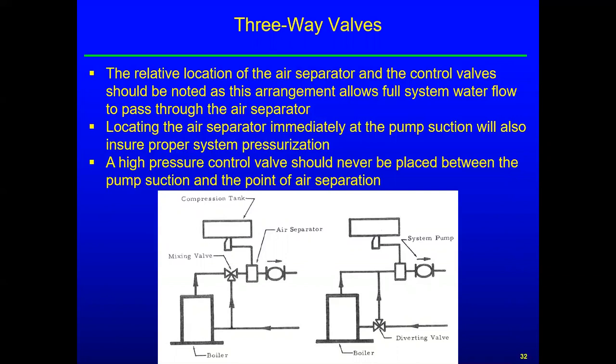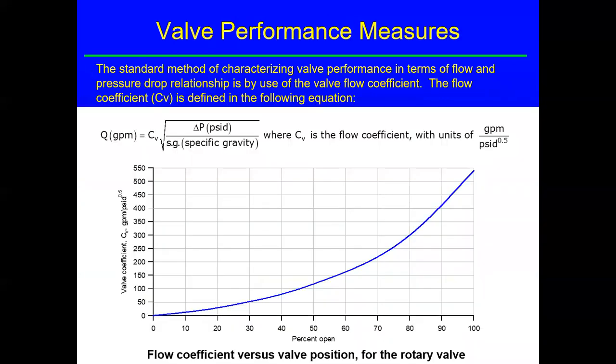So the high pressure control valve should never be placed between the pump suction and the point of air separation, because then you'd have an additional pressure drop going into your pump. So that's all good fundamental stuff that you need to remember if you ever get into a design situation.